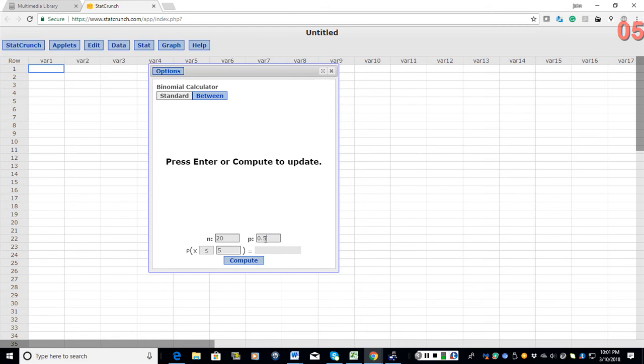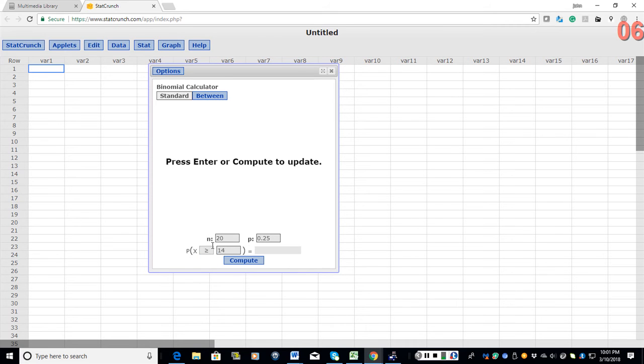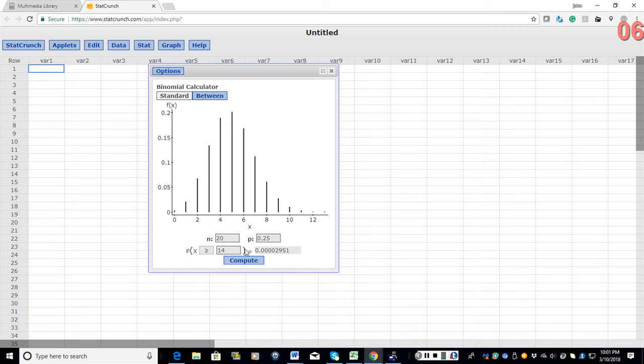Then our p is going to be 0.25, 1/4. And then we're going to have greater than or equal to 14. And we hit compute. And we get our answer, 0.00002951. And that's the way that we do number 6.